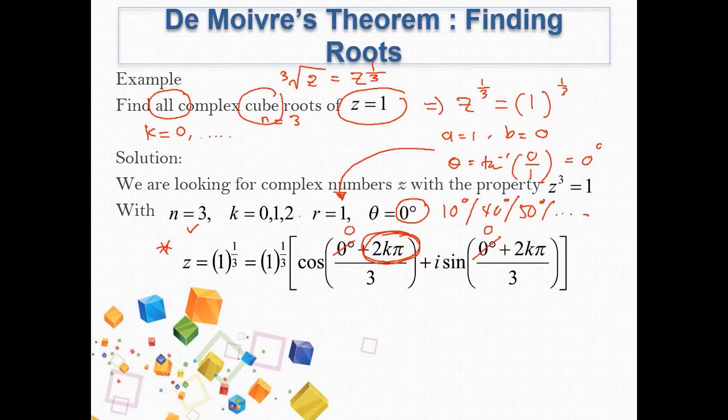Okay, but if this is something in degree, you cannot mix with radian. So you have degree here, but you use the radian formula, you can't do that because they have different units. This is degree, this is radian. So you cannot mix them up. Alright?